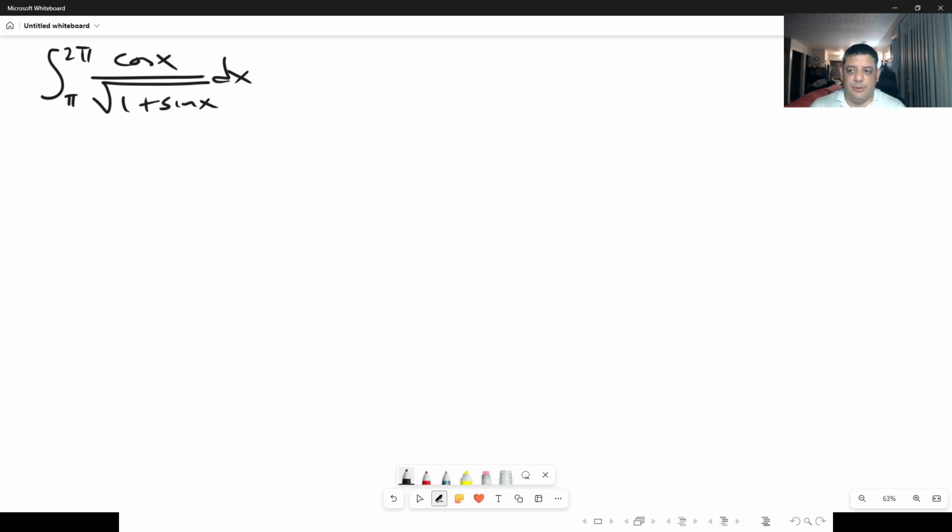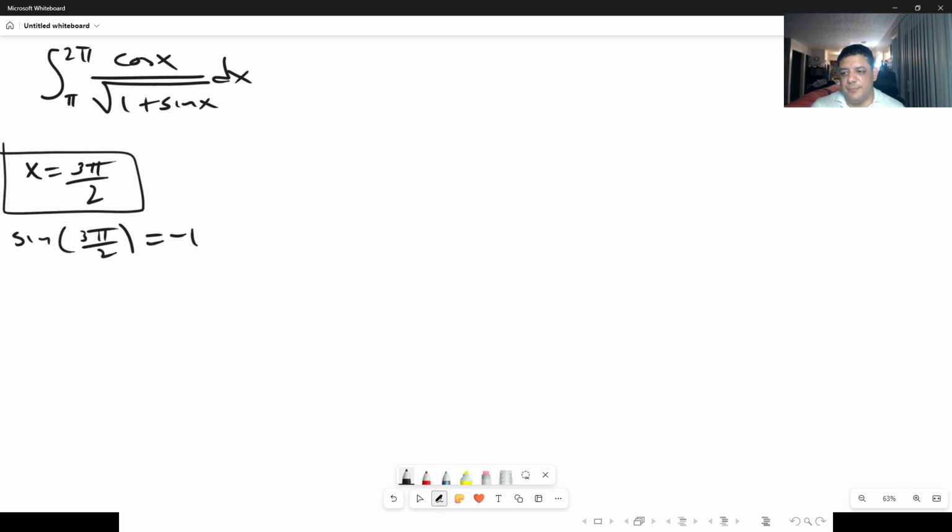The issue is if I find a point where the square root below is going to become 0, which is going to happen when x is equal to 3 pi half, since sine of 3 pi half is minus 1, and so that means that the denominator will be 0. So this is an issue, and notice that this is in the middle.